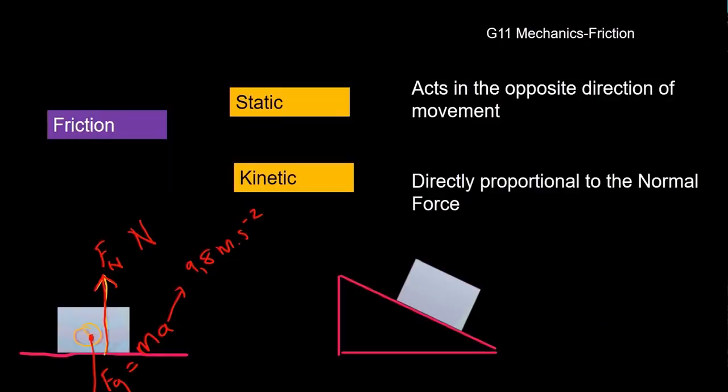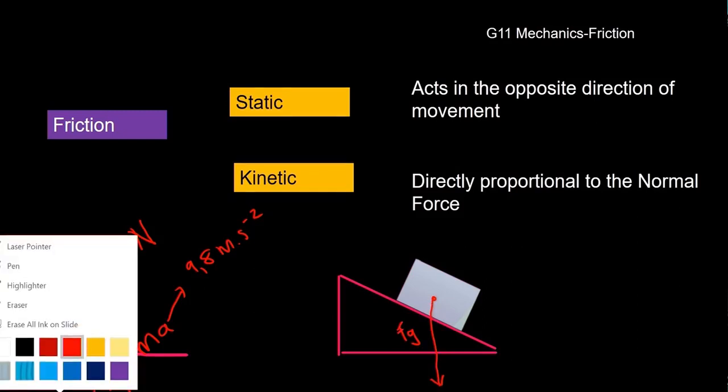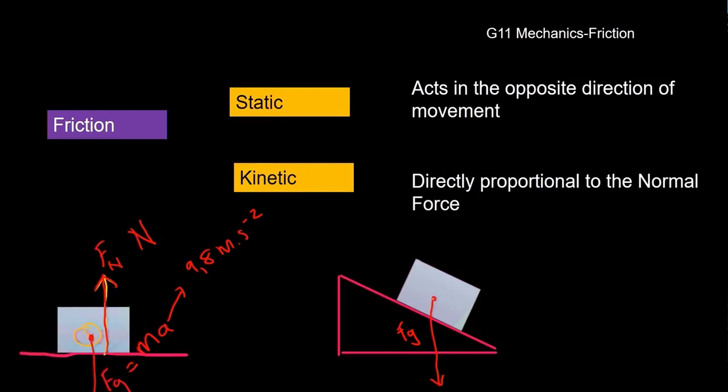What now about an object which is on a slope? So let's have a look at this. We have to think back to our forces and breaking them up into components. So we've got a force, whoops, that's a bit skew, of Fg. That is our gravitational force. If we break this up into its components, we're going to have a force moving down the slope, which we call F parallel.